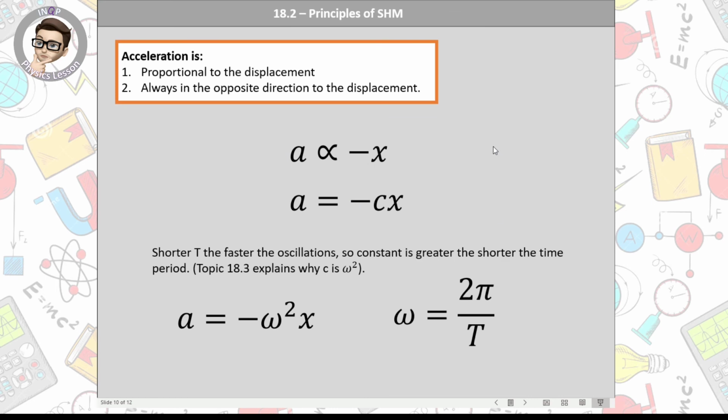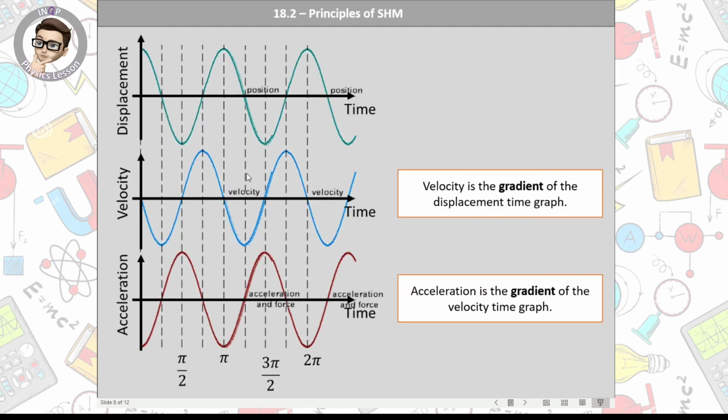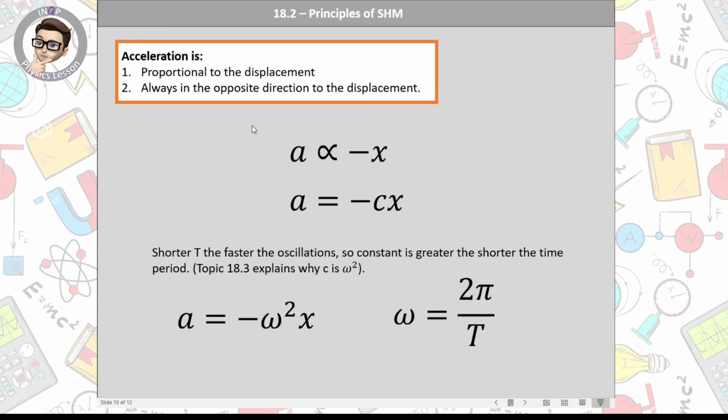We've just got to understand our first equation of simple harmonic motion, which is this idea of acceleration. So acceleration is proportional to the displacement, which we can agree with because we look back at that graph, we can see that they are definitely proportional. When one changes, the other changes. So there's definitely a proportionality there.